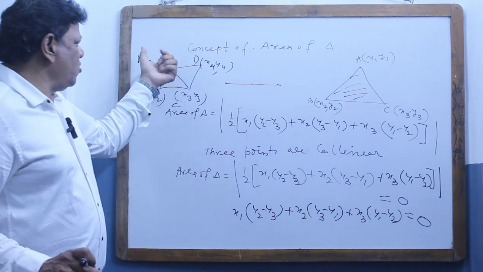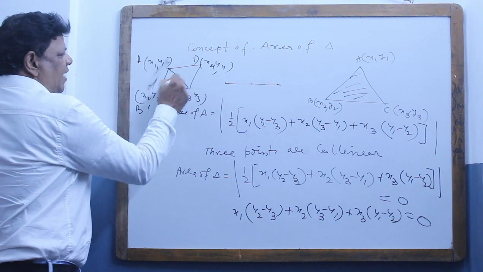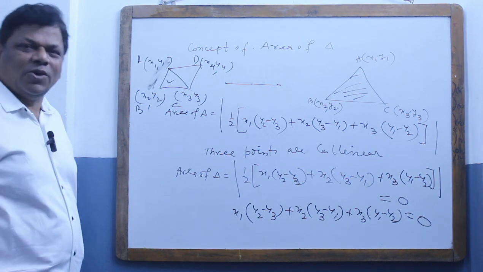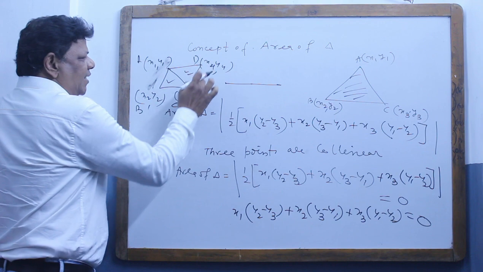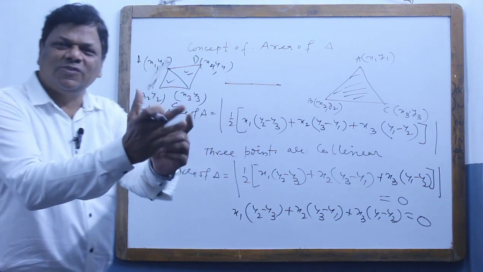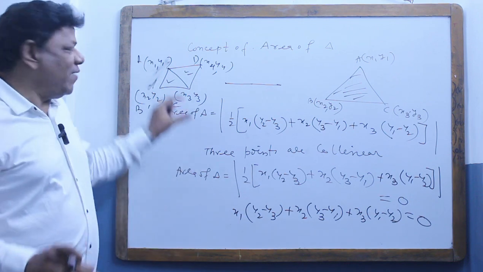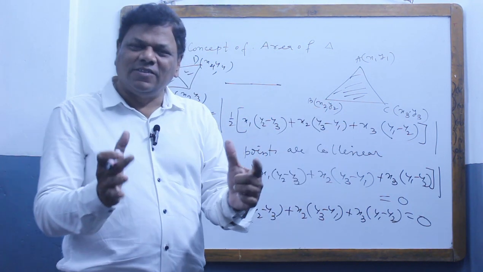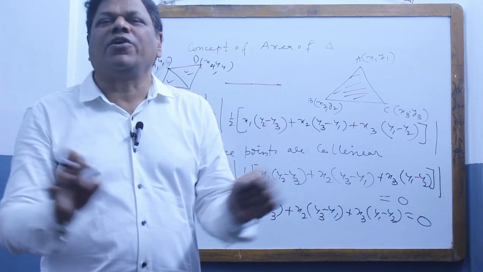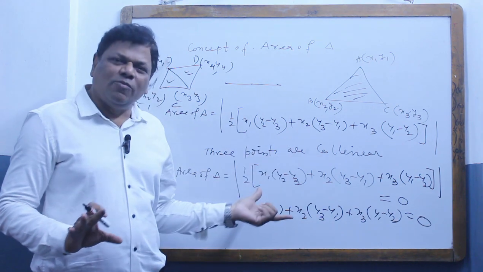Draw a diagonal. Take these 3 points and find the area of this. Now take these other 3 points and find the area of this. Then add these two. So if four coordinates are given, draw a diagonal, find the areas of 2 triangles by this formula and then add them, we will get the area of the quadrilateral. I think you are clear? Everybody clear? So remember these two formulas only.